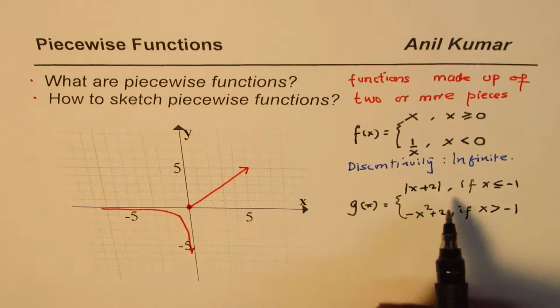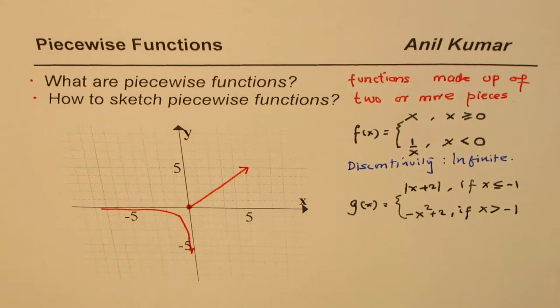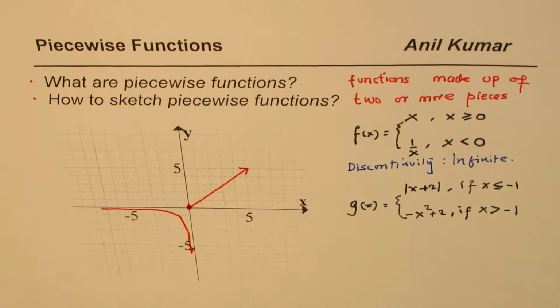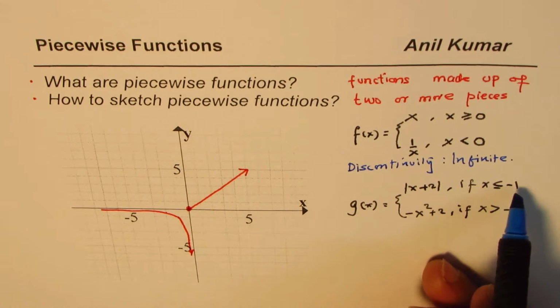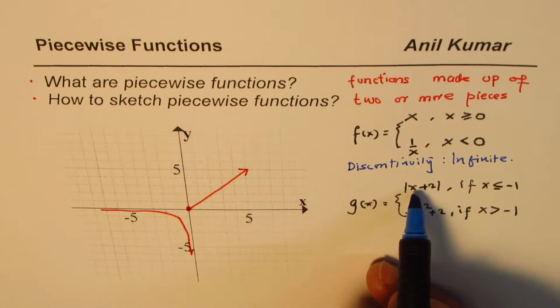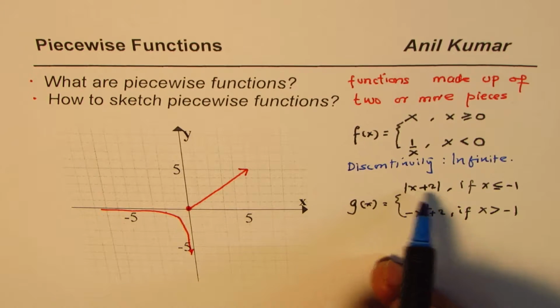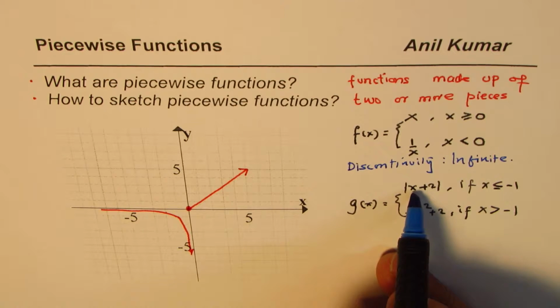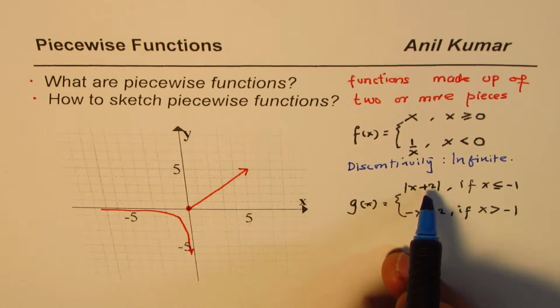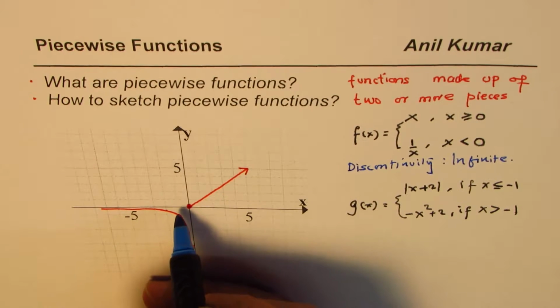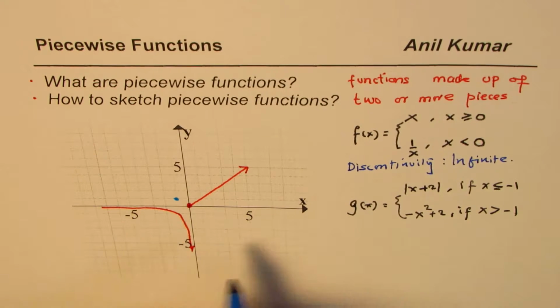Let us sketch this function also and see how it looks. If I substitute minus 1 here, we get a value 1, correct? So at minus 1, we get a value 1.